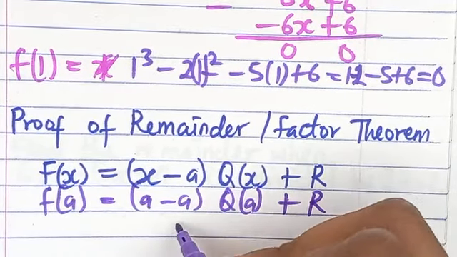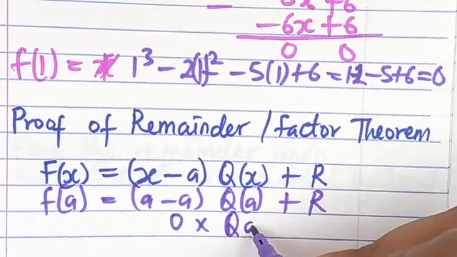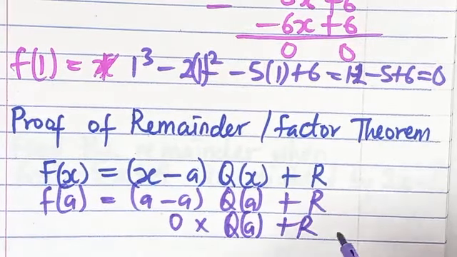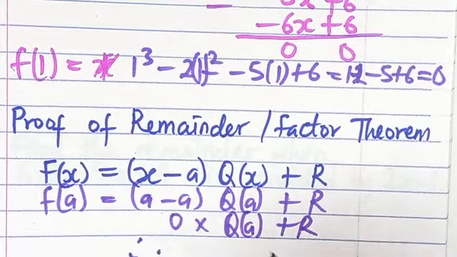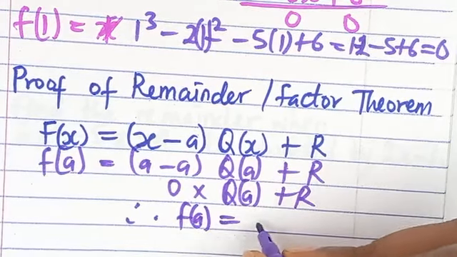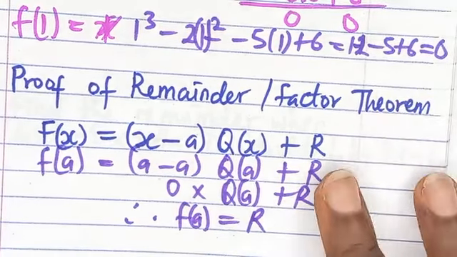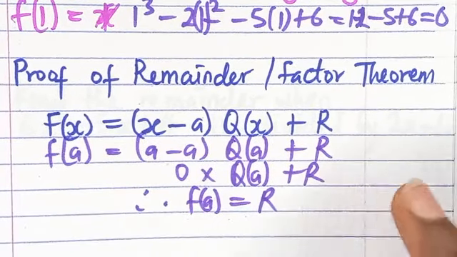Okay, a minus a is 0, so 0 times this function plus r, we are going to have 0 times anything is 0. Therefore, that function in a is equal to the remainder. So this is a stated fact. Now in the next video, we are going to be using this knowledge to solve some questions.